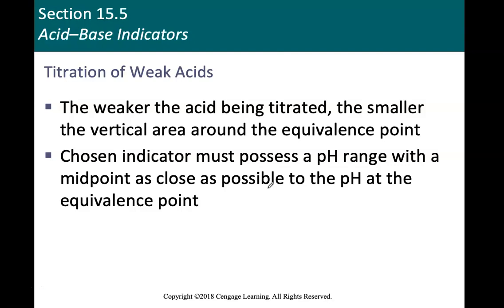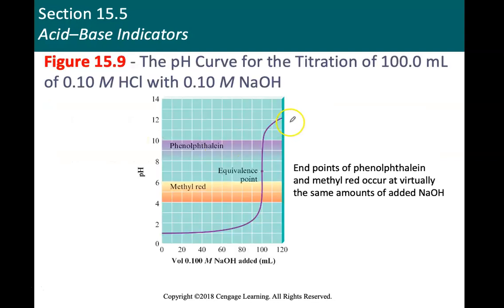So what about in the titration of weak acids? The weaker the acid being titrated, the smaller the vertical area. So you don't see this very wide region in this equivalence point region. Although the equivalence point is here, you see hardly any change occurs in this range.